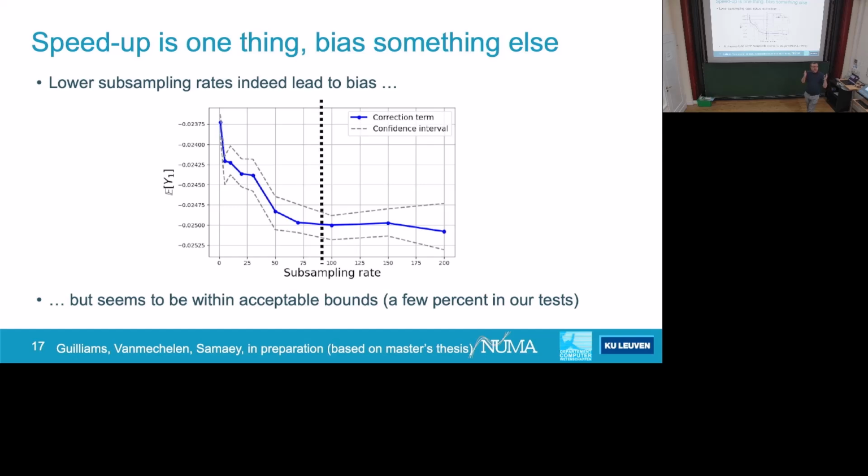Let's see, what is a subsampling rate? If we use more coarse samples to go to the fine level, then your coarse chain is shorter, which means it covers a shorter time interval. And what we are testing now is if we increase the total length of the chain, how this error decays.